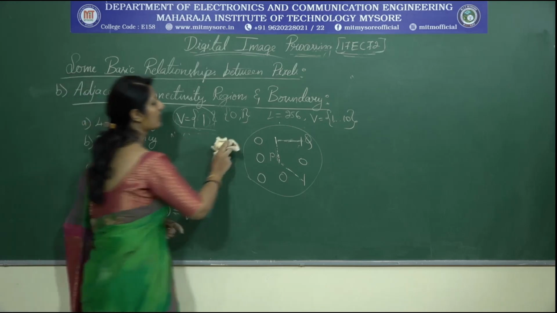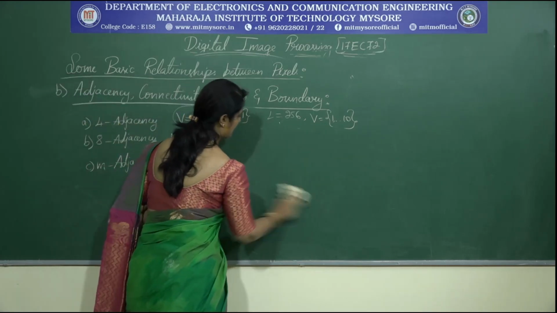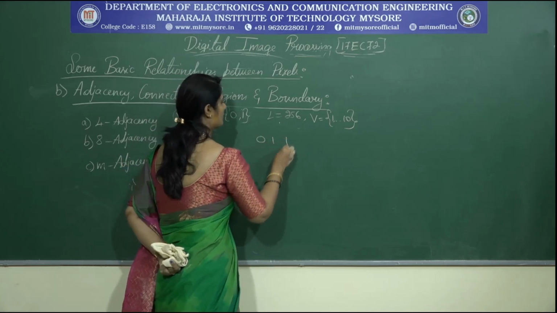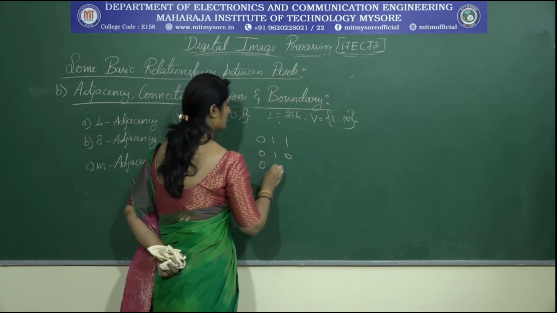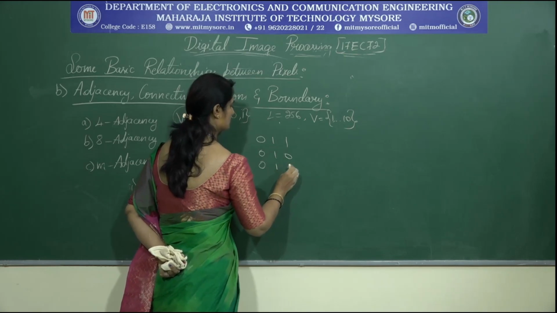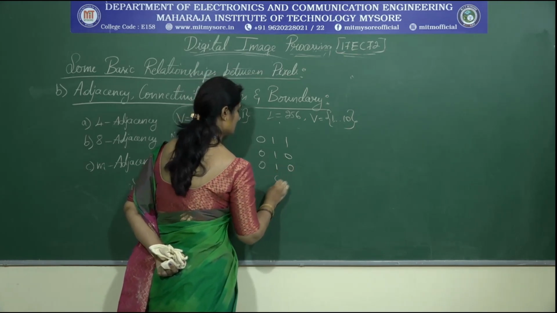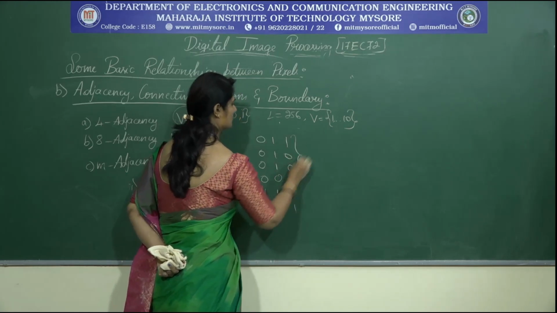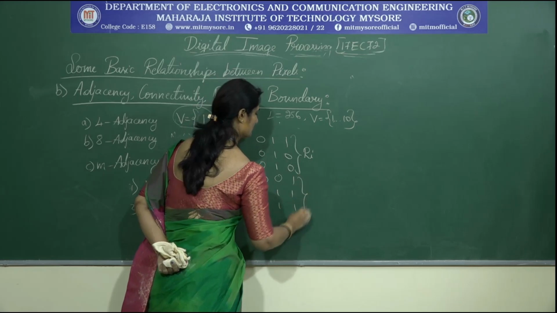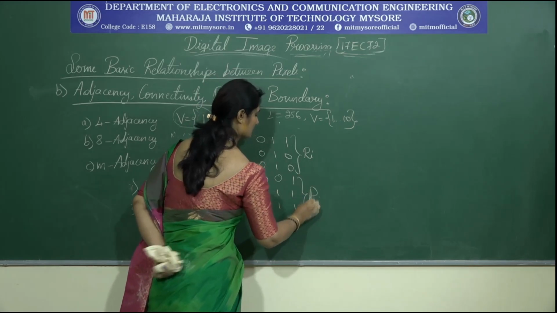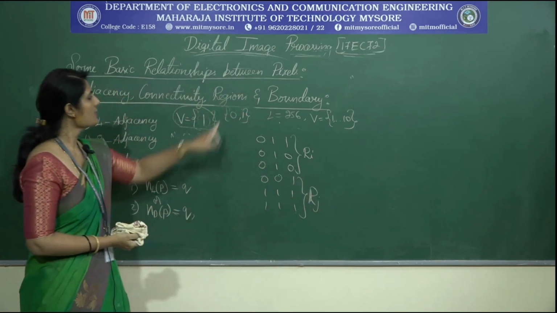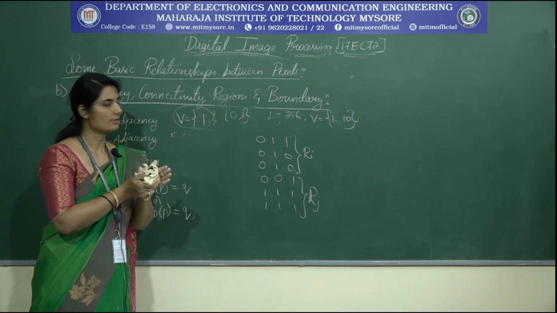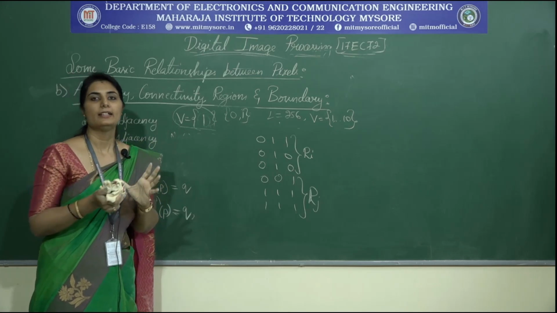In order to illustrate regions, let me consider another example. 0, 1, 1, 0. A region is defined as a subset of pixels present in the entire image.